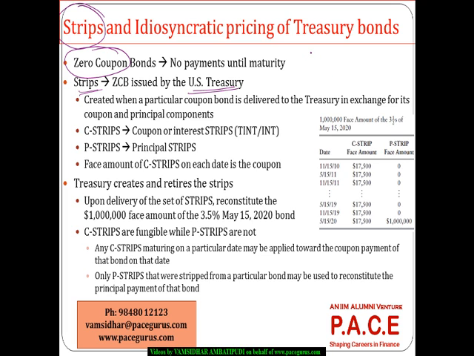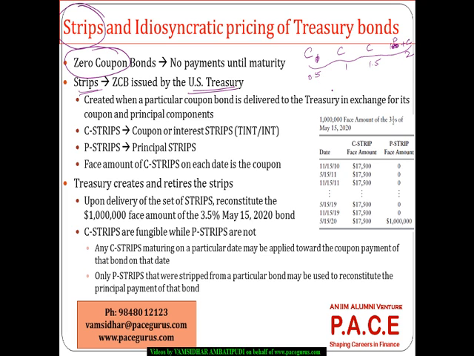Now, say there is a coupon of C, C, C and 100 plus C, which is our principal plus coupon. Now, what generally happens is I can very well strip this entire coupon bond. Let's say these are the cash flows coming after 0.5 years, 1 year, 1.5 years, 2 years.